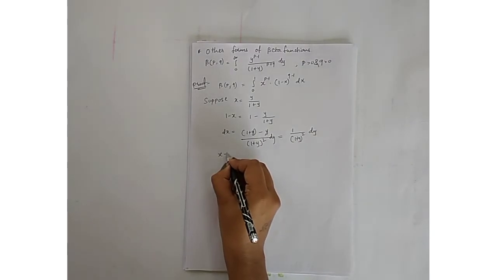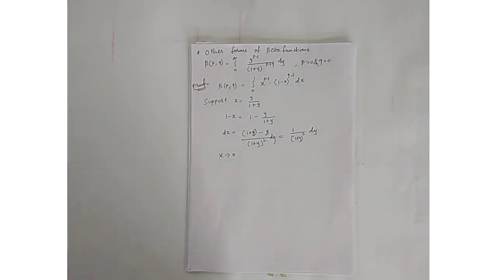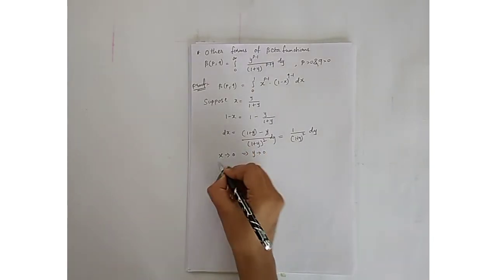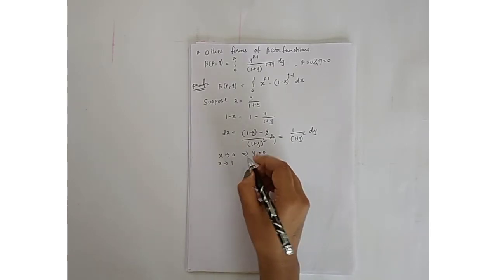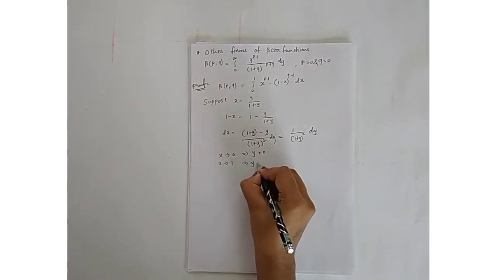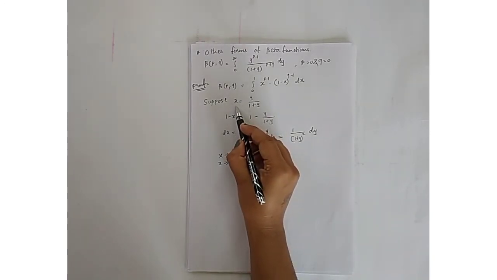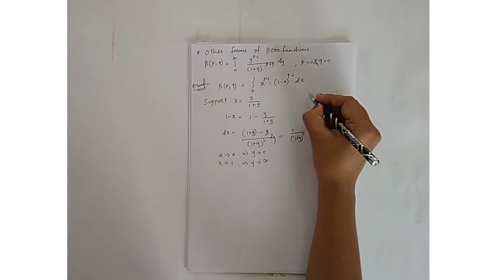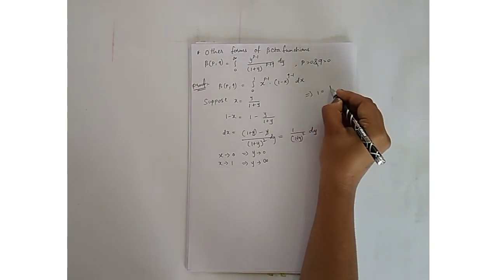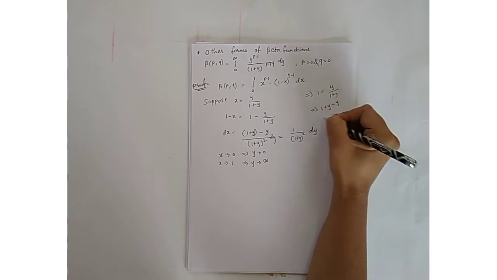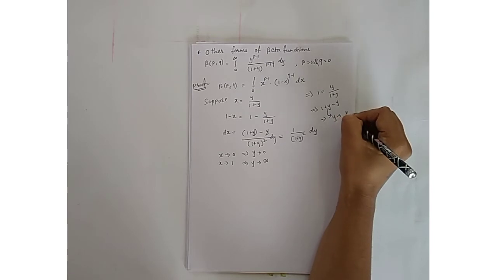Next, when x tends to 0, y also tends to 0. When x tends to 1, y tends to infinity. If you put x is equal to 1 here, it becomes 1 is equal to y upon 1 plus y, which implies that 1 plus y is equal to y, and here y tends to infinity.